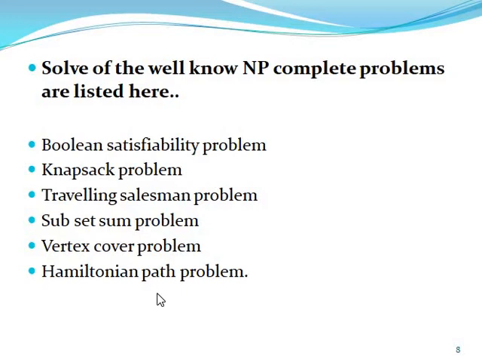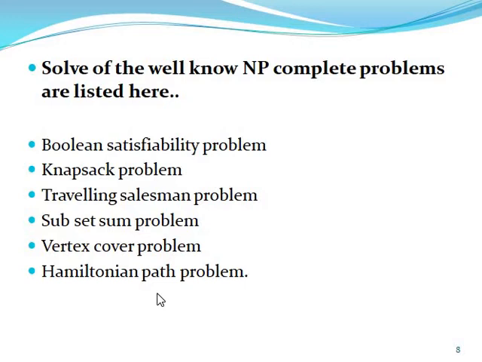Well-known NP complete problems are listed here. These are the most commonly studied NP complete problems: Boolean satisfiability, traveling salesman problem, subset sum problem, vertex cover problem, and Hamiltonian path problem.